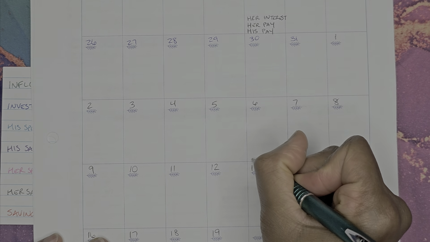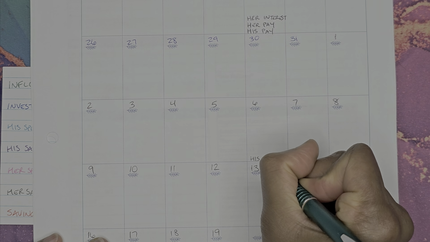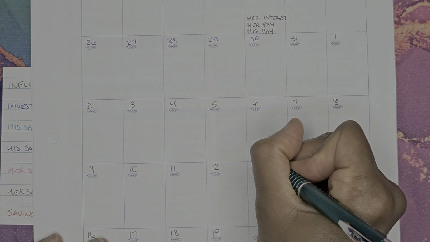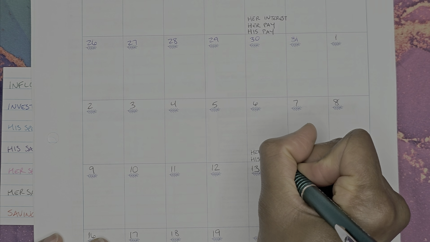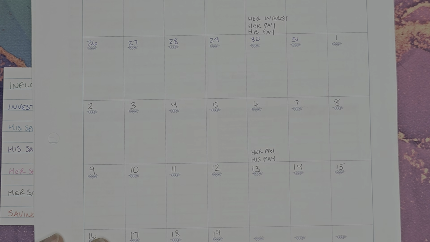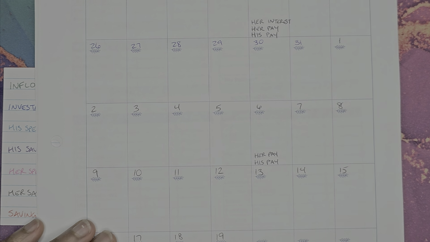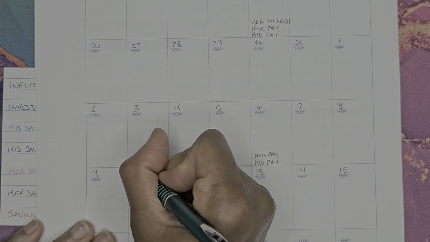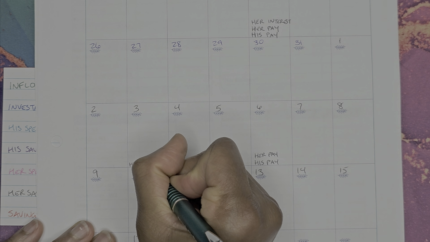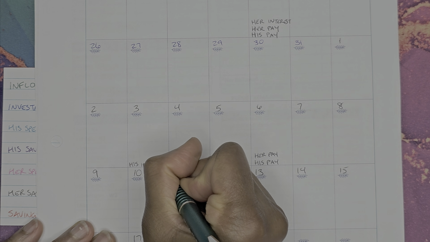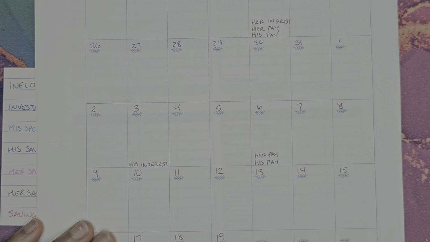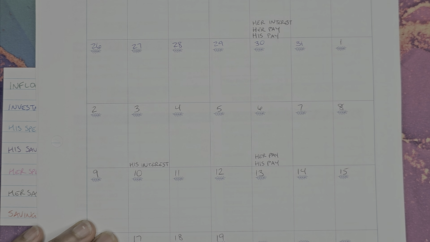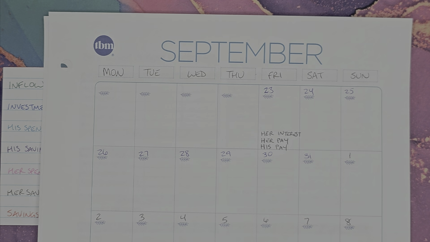So on the 6th, we're going to put his pay, her pay, and he gets interest on the 3rd in his savings account, so his interest. Okay, so that is it for inflow.